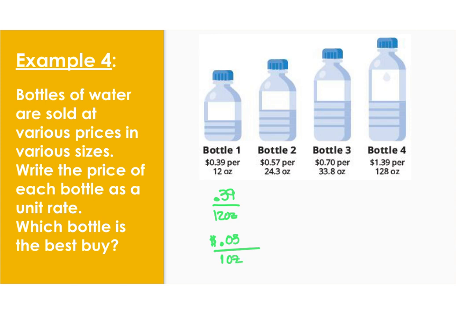Second bottle is $0.57, or 57 cents, per 24.3 ounces. So we're going to take 0.57 and divide it by 24.3. And that, if we round that, is $0.02 per ounce.